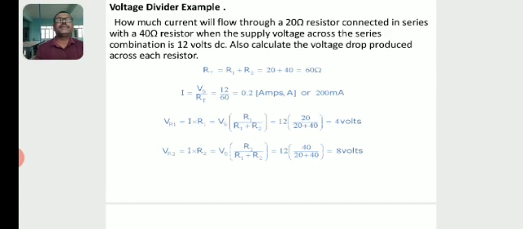Then VR2 is equal to I into R2, which is equal to Vs into R2 by R1 plus R2, which is 12 into 40 by 20 plus 40, equal to 8 volts. That means 8 volts is the voltage drop across the resistor R2. The voltage drops across R1 and R2 are 4 volts and 8 volts respectively.